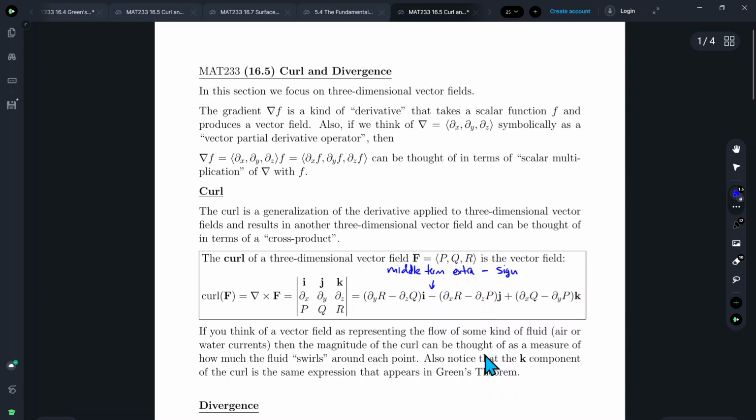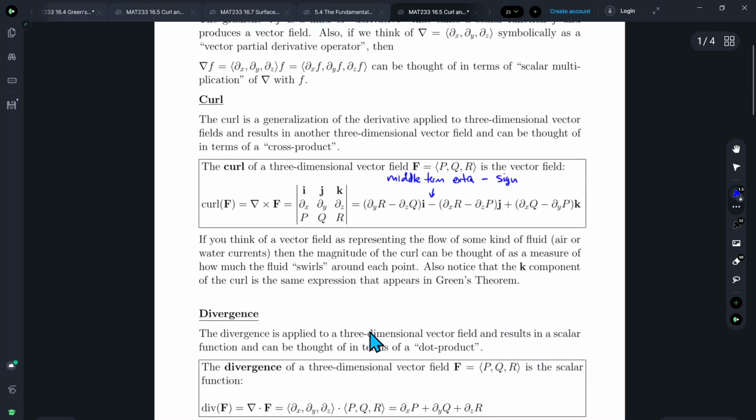Also notice that the k component of the curl has the partial derivative of q with respect to x minus the partial derivative of p with respect to y, which is exactly the same expression that appears in Green's theorem. So eventually, when we want to generalize Green's theorem, it will involve the curl. Okay, so that's the curl.